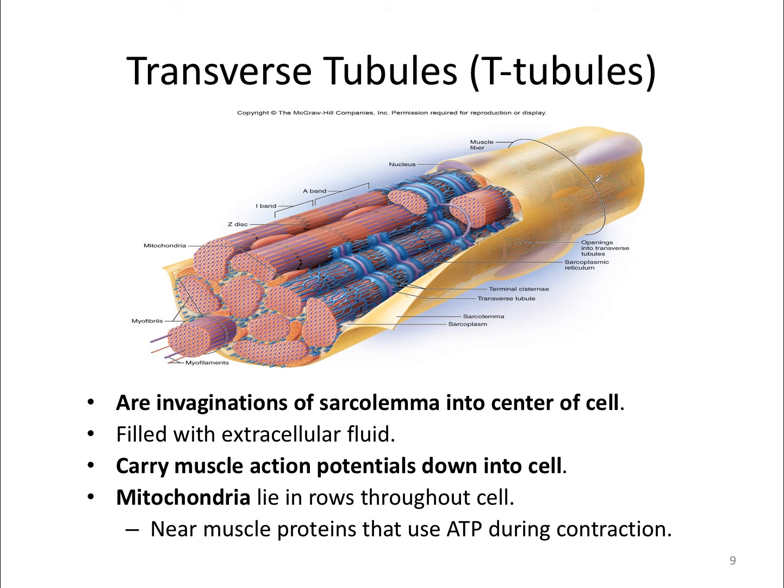So notice that there are little holes. There's one, here's another one, here's another one, here's another one. Little holes in the surface of the relatively smooth sarcolemma that appear to go somewhere. Where they go is they form a little tunnel that descends into the interior of the muscle cell.